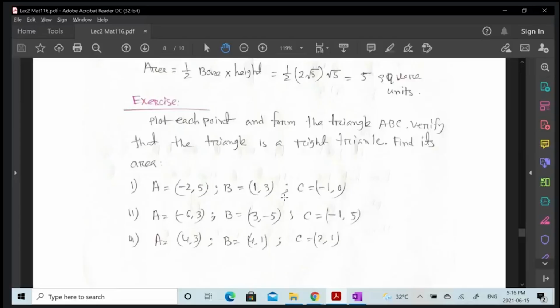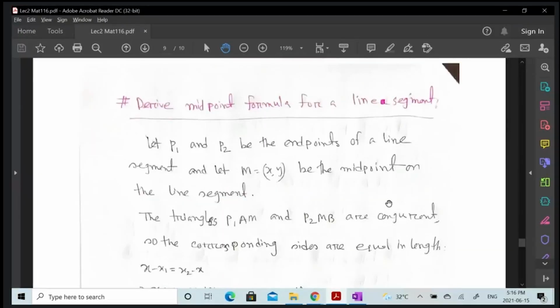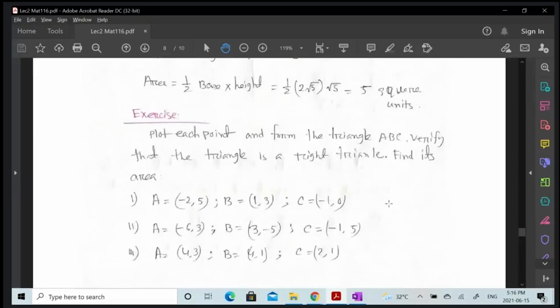In order to find the hypotenuse, always try to find the largest length of the edge. Whatever is the largest one is going to be the hypotenuse. Do you have to calculate which one is largest?